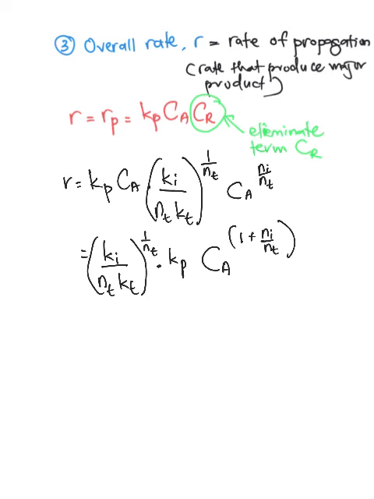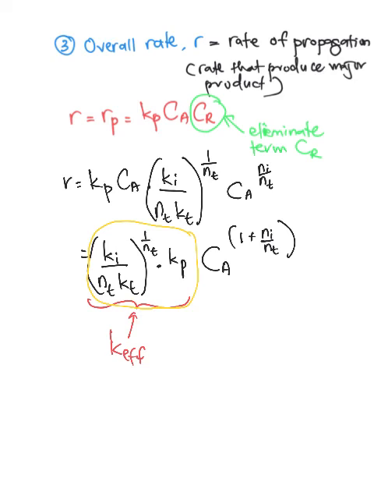And this term is actually the effective K, K effective rate constant K, right? So this is the overall rate reaction equation for the general equation of chain reaction.